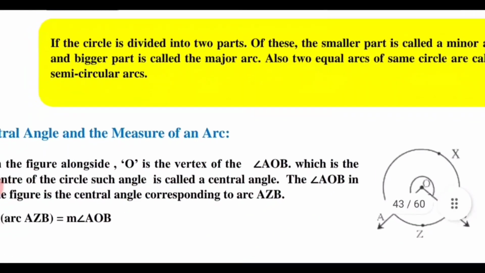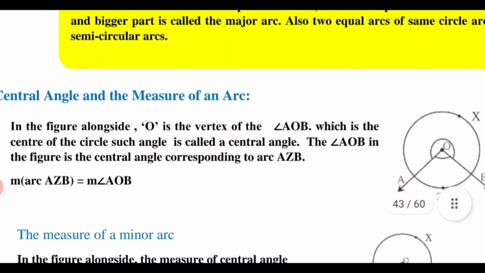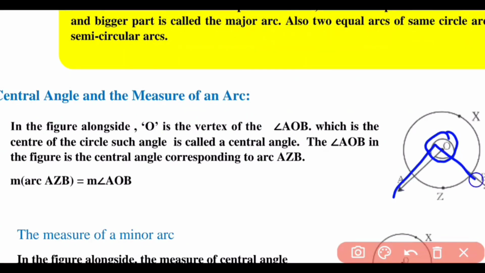Now the next concept is central angle and measure of an arc. In the figure alongside, O is the vertex of the angle AOB. Can you see here? This O is the vertex of angle AOB. Such a type of angle, where the vertex is the center of the circle, we can see point O is the center of the circle and also the vertex of angle AOB.